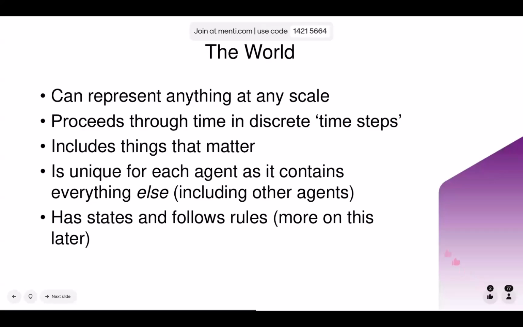A tick or a time step is defined by the modeler as however much time they want it to define. So that could be seconds, it could be minutes, it could be decades, geological epochs. It should broadly make sense for the size of the world.